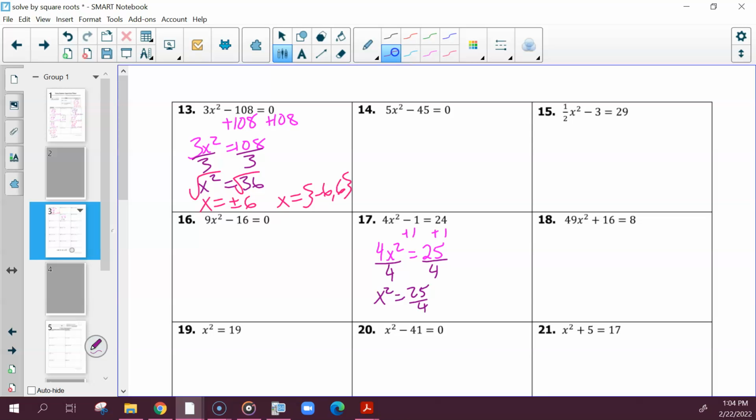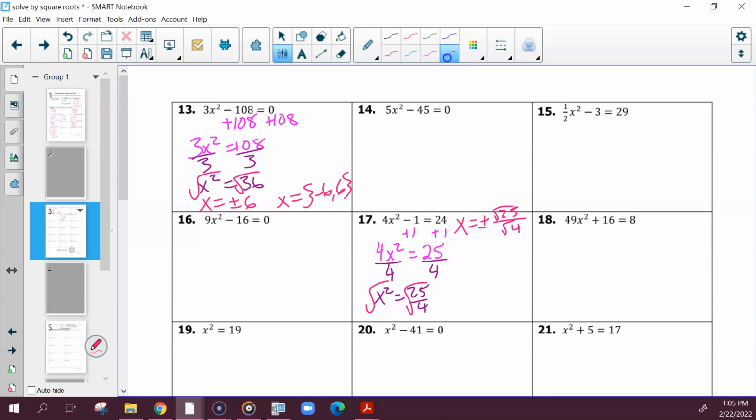Now you're probably thinking, okay, how do we do this? Same process, we're going to take the square root of both sides. When we do this here, we end up with x equals plus or minus. When you have the square root of a fraction, you can say this is the same thing as the square root of 25 over the square root of 4.